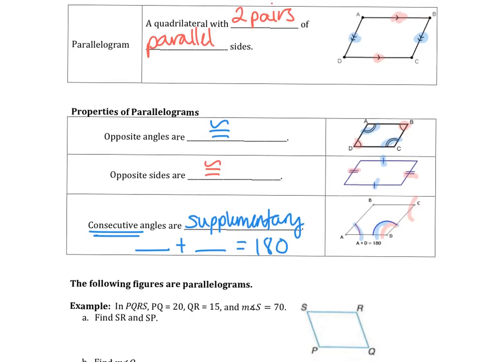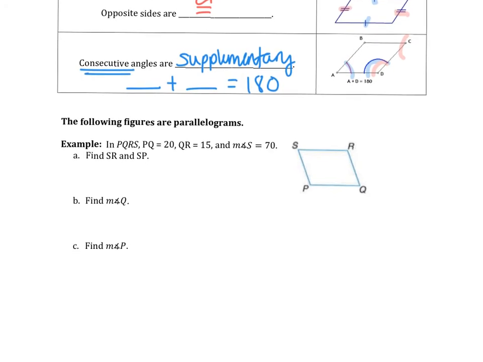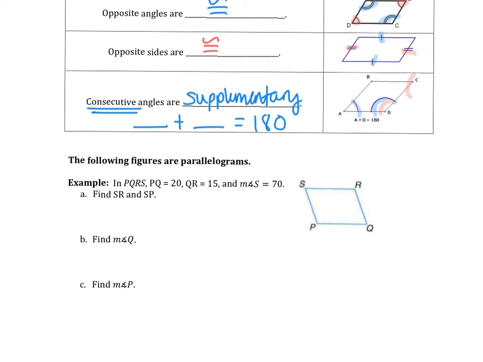All right, moving down here, we've got some examples. In PQRS, PQ is 20, QR is 15, and the measure of angle S is 70 degrees. We're going to find SR and SP. Important to note here that I am told that these figures are parallelograms.